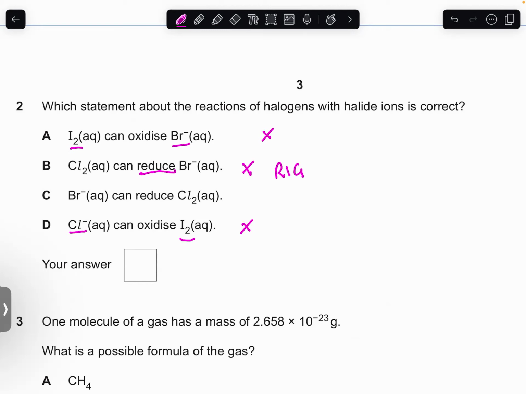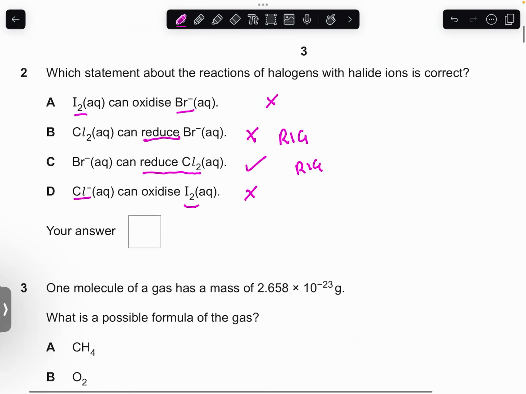Why is it C? Because the bromide ion can reduce the chlorine, since chlorine will gain an electron, and because chlorine is more reactive than bromine. Answer is C. That's question 2, and that's correct.